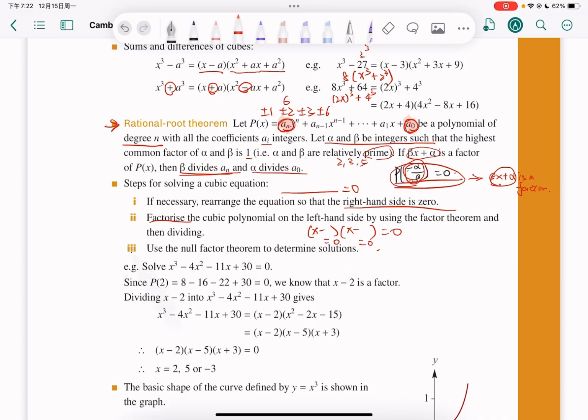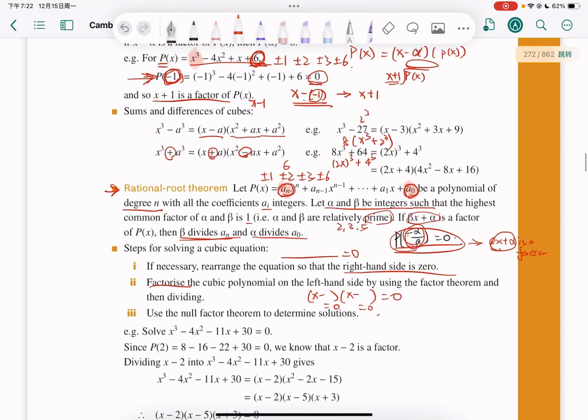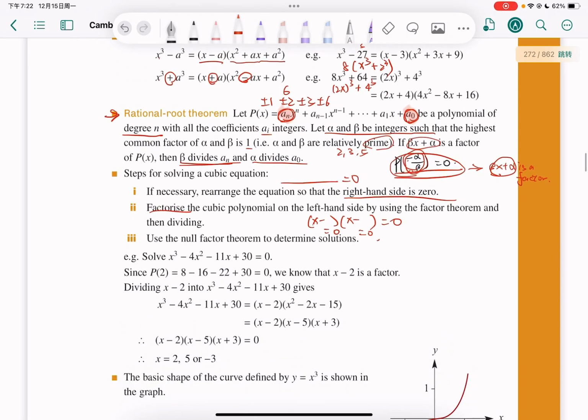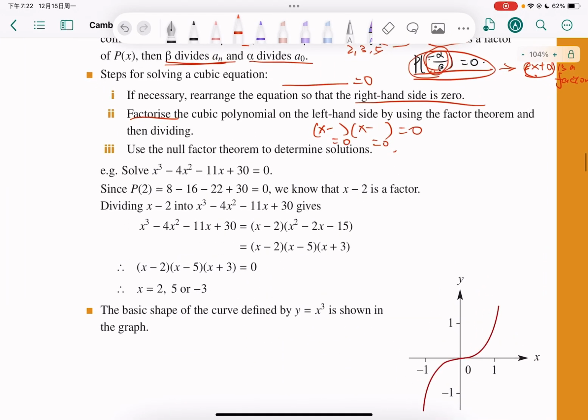Third, use the factor theorem to determine solutions. That's the factor theorem and rational root theorem we talked about earlier. Okay, for example, this one over here has right-hand side of 0, and let's see if we can factorize. Directly, we cannot see anything, but if we try the factors of 30, with 2, then we know p(2) is 0, so x minus 2 is a factor.